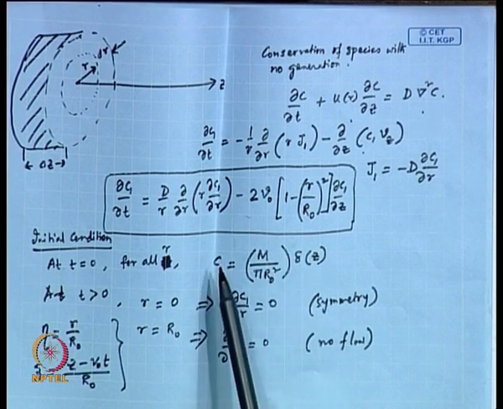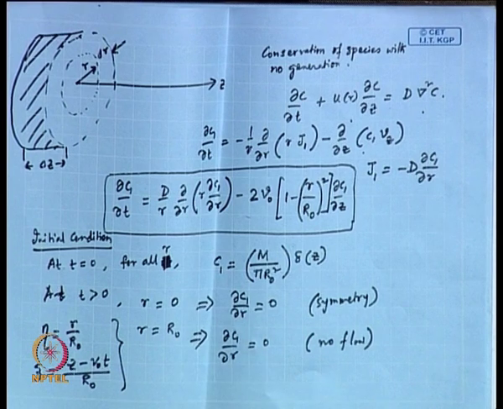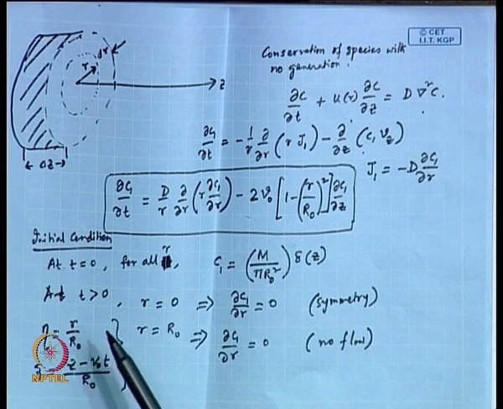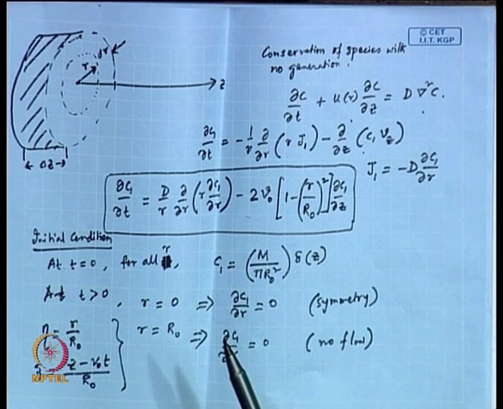That means you are assuming that at t equal to 0 you are introducing at the inlet a Dirac function, a spot of tracer at the inlet, applicable to all r.